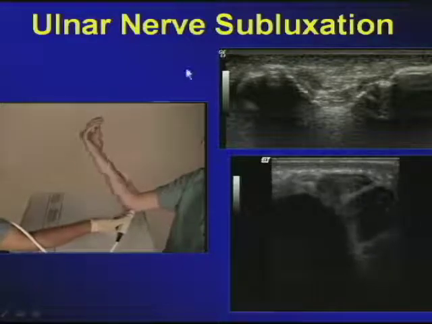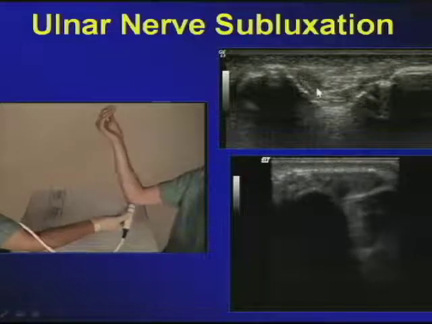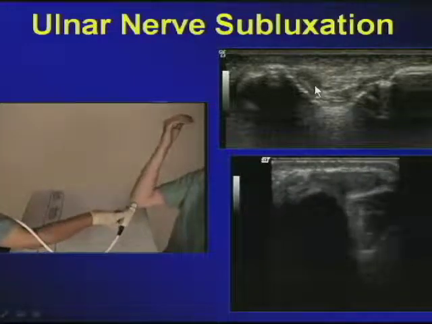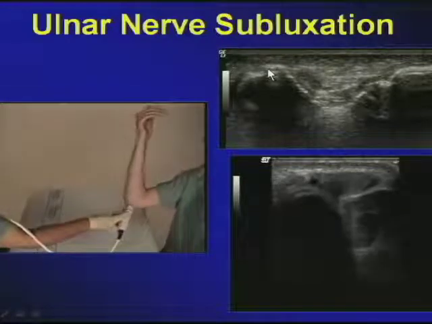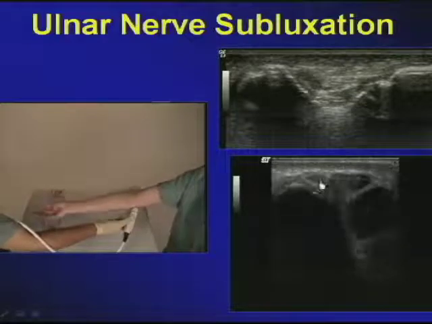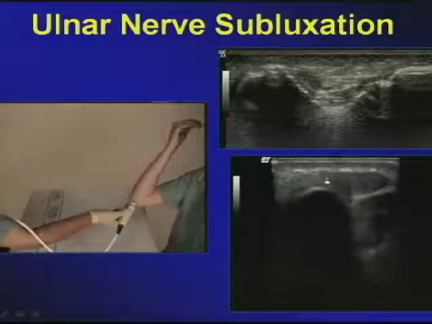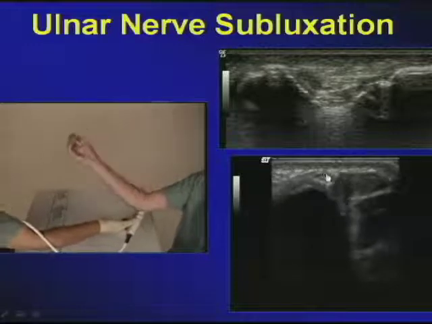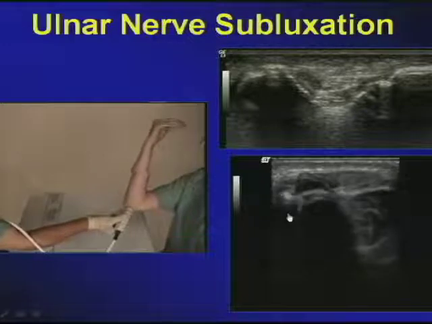And as you do that on short axis view, it was expected that the relatively hypoechoic follicular pattern of short axis view of the ulnar nerve is supposed to stay behind the epitrochlea. In the affected side, you'll notice that the follicular looking structure, which is the ulnar nerve, subluxes and dislocates from the posterior position to the anterior position.